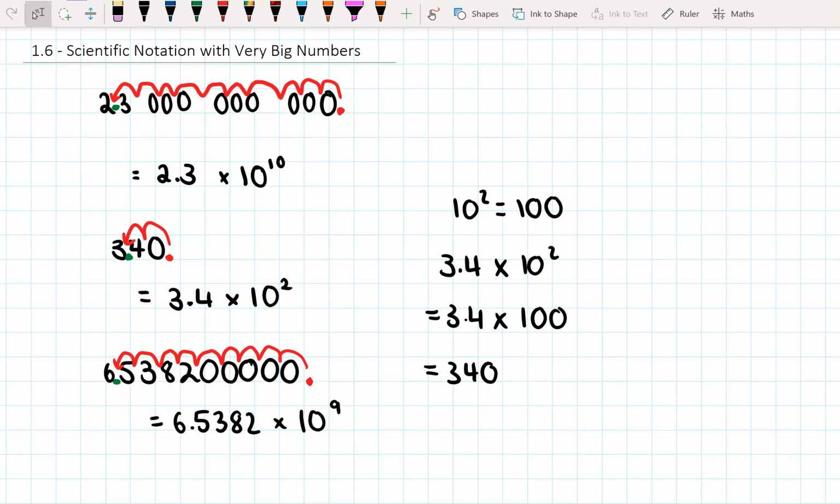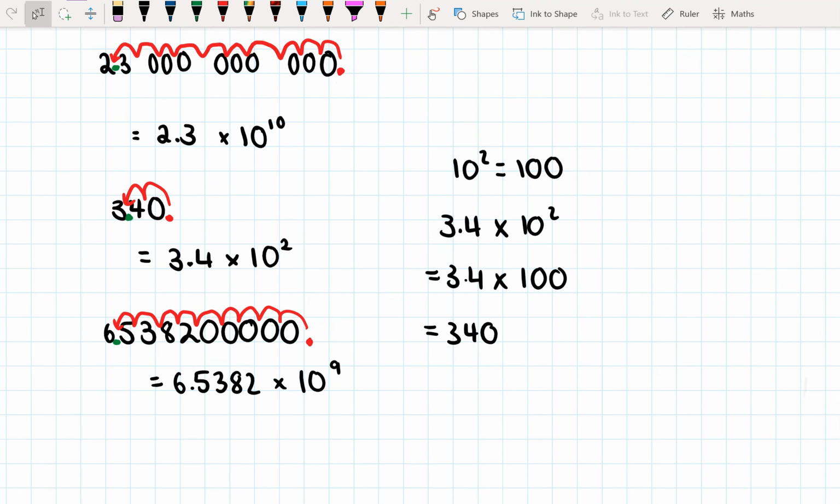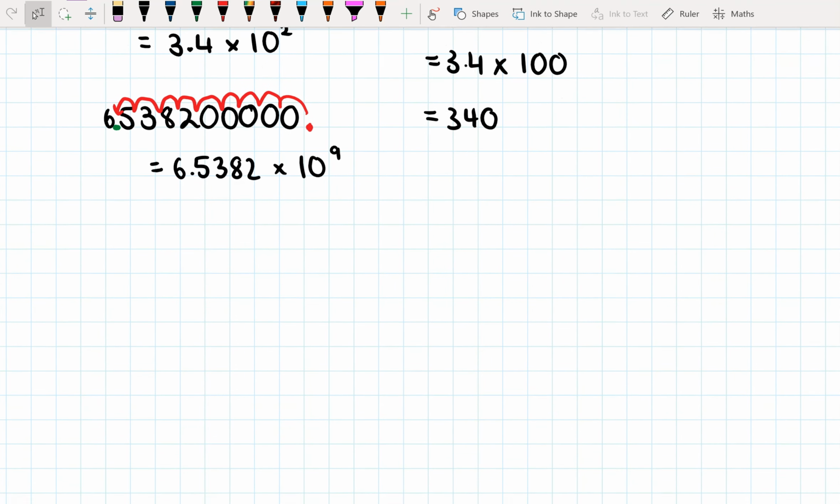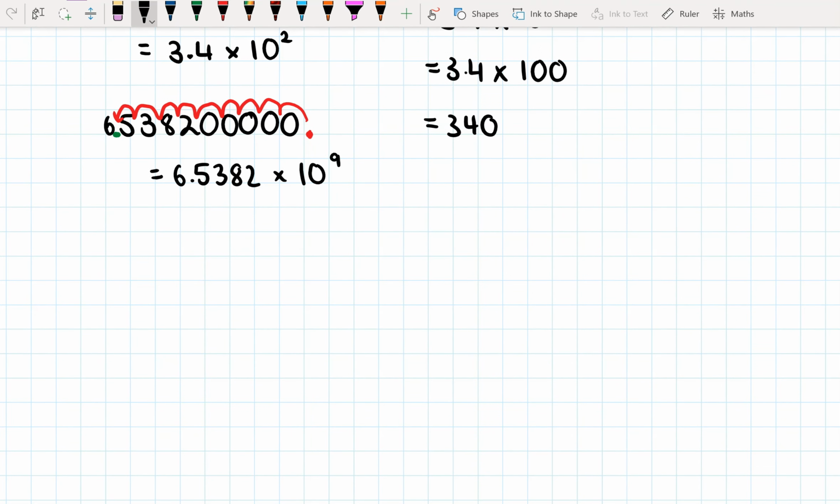So that is how we write numbers in scientific notation. Sometimes you're going to get this in a different way. You might receive a number that's in scientific notation and you need to write this in normal notation, in standard notation. So let's say that you've got the number 9.53 times 10 to the power of 5, and you need to write that in standard notation. What I always do is I start with my 9.53.